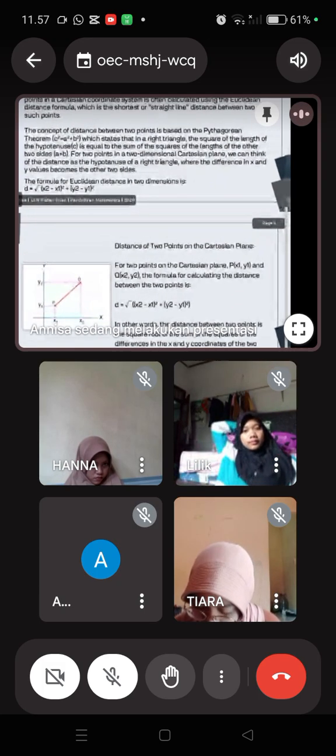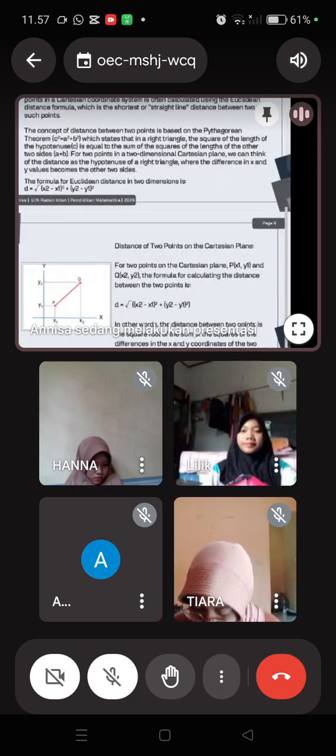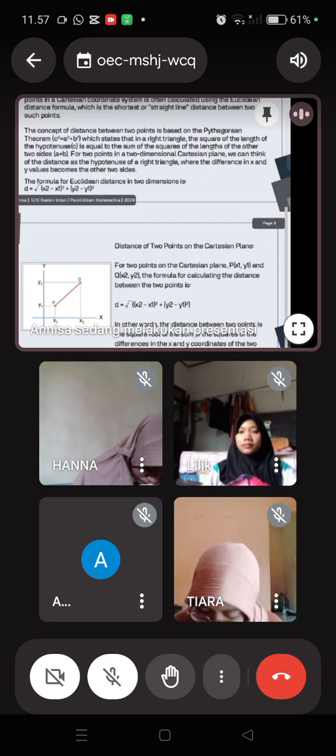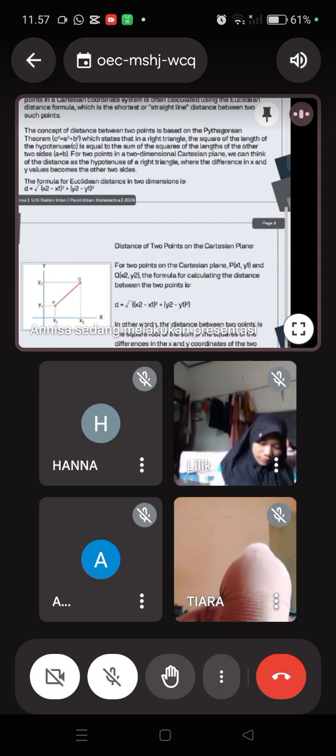The formula of Euclid distance in two dimensions is d equals the square root of (x2 minus x1) squared plus (y2 minus y1) squared.